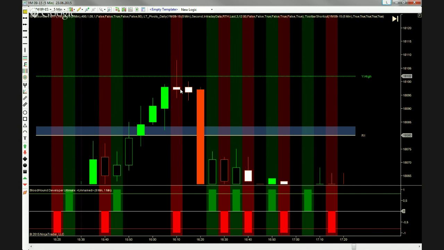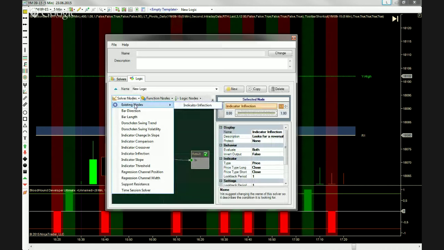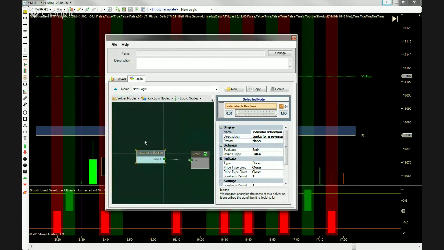So that would make a comparison to the other 70% or so of the bar. So in order to do that, we would go in and add another solver here, and that would be an indicator comparison.